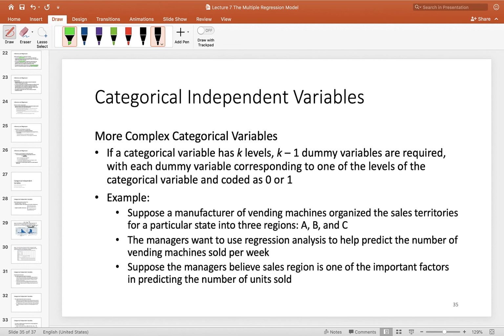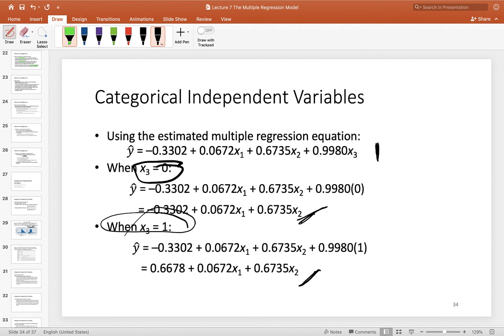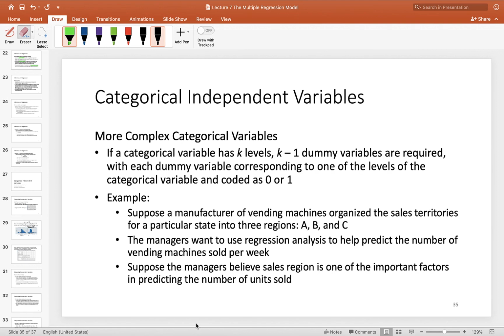So let me just come back here. And so that's pretty much it for this particular example. And I'll just move on to the next section. So let's look at a more complex example of categorical variables. Now, a general rule is the number of categories you have is k.